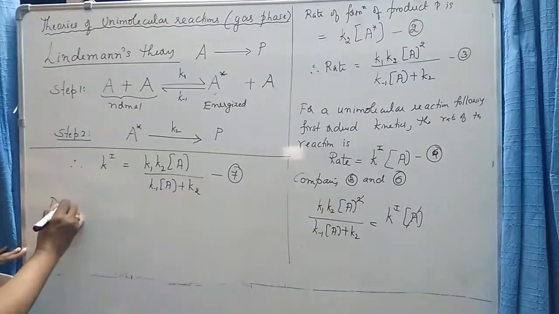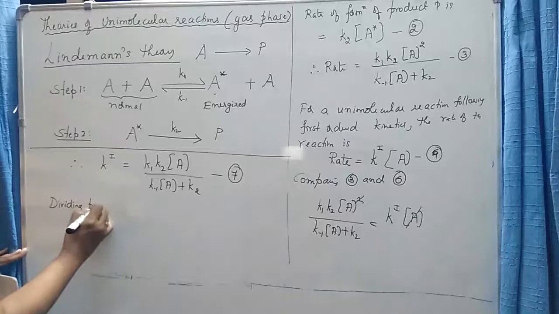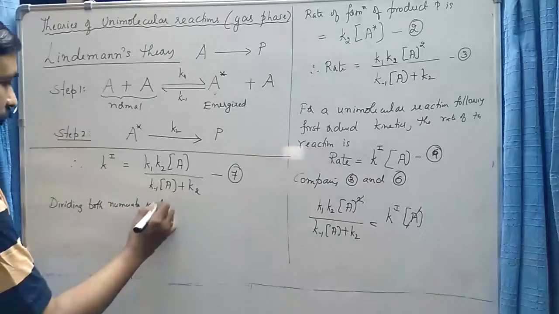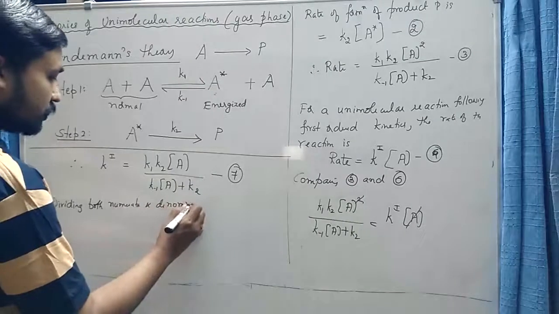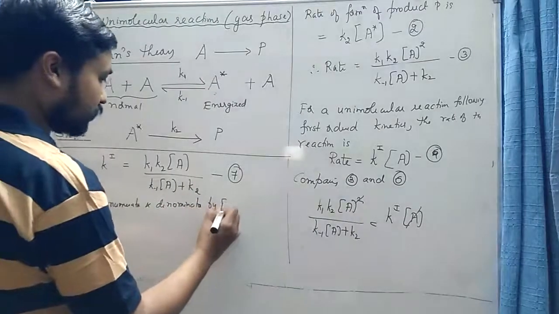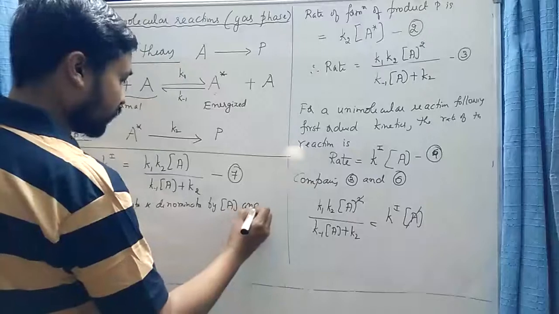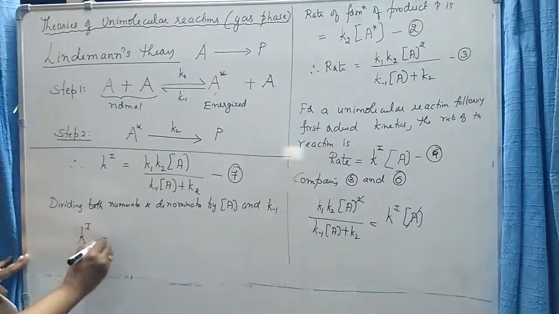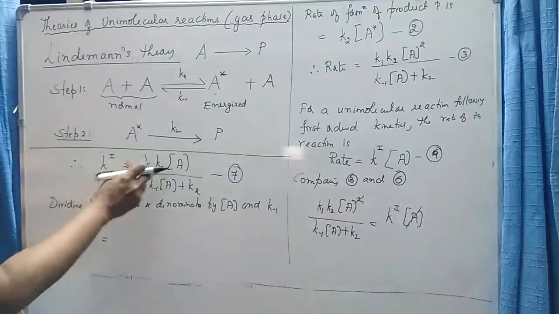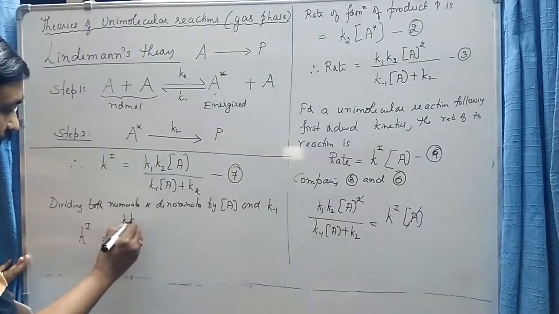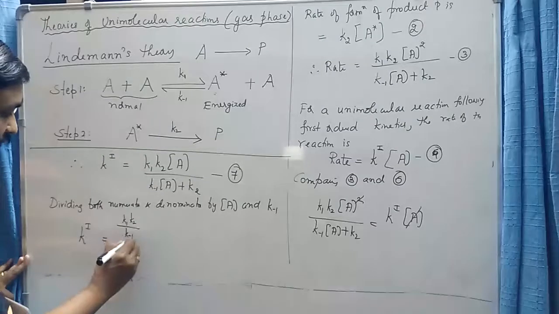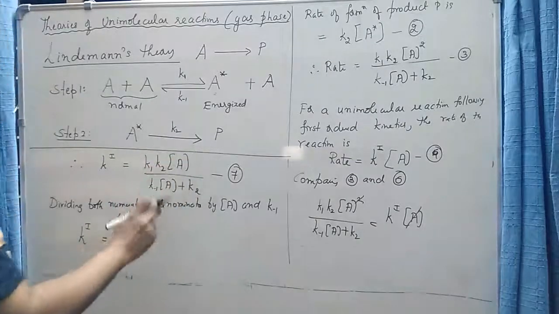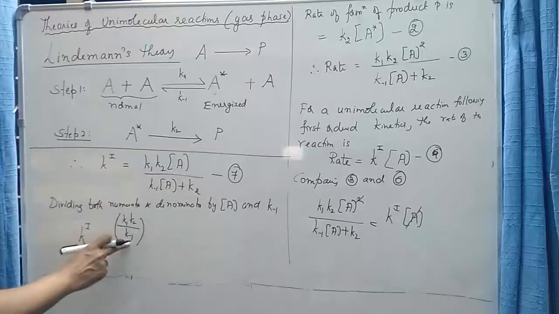So dividing both numerator and denominator by concentration of A as well as K minus 1, we get K1 is equal to K1 into K2 divided by K minus 1, because in the numerator I have divided by A, so A gets cancelled, and I am dividing by K minus 1.